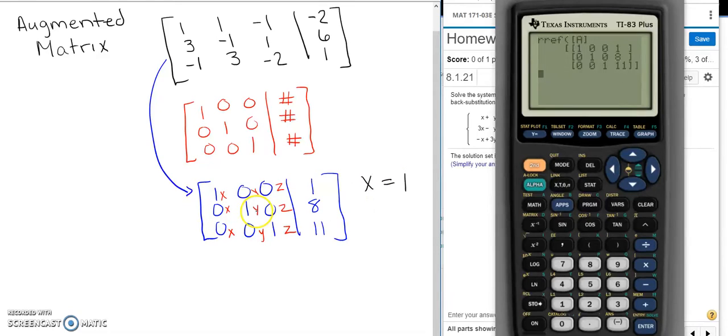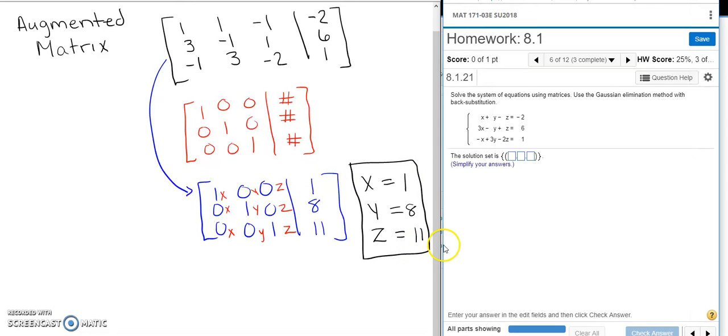And 0x plus 1y plus 0z equals 8. And 0x plus 0y plus 1z equals 11. So we magically have these answers because the calculator did all the row operations for us, right?